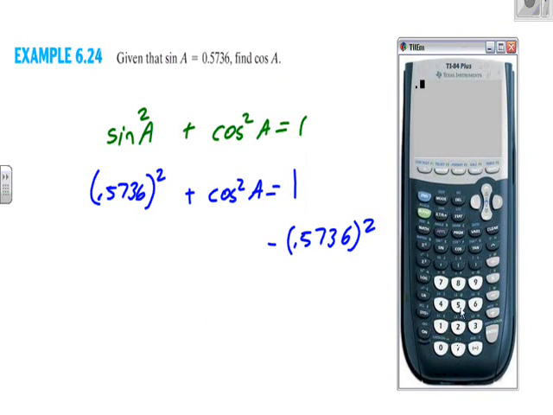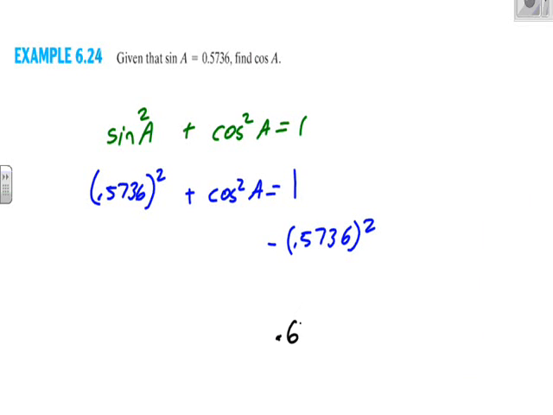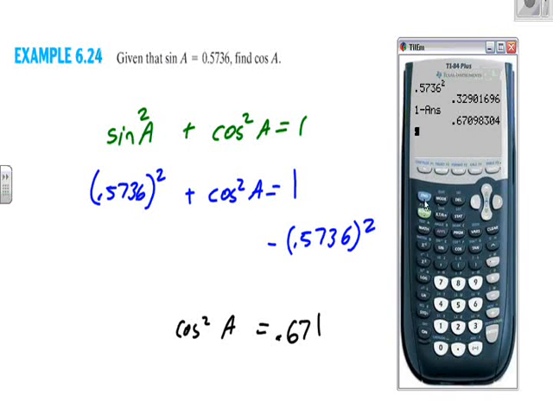So 0.5736 squared is 0.329. Subtract that from 1. And we get 0.671. And that equals cosine squared. So to solve, we have to take the square root. And we get cosine equals 0.8191.